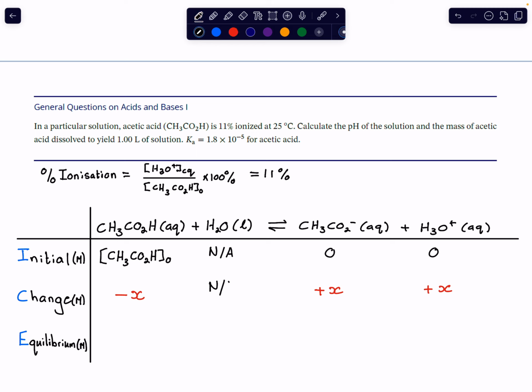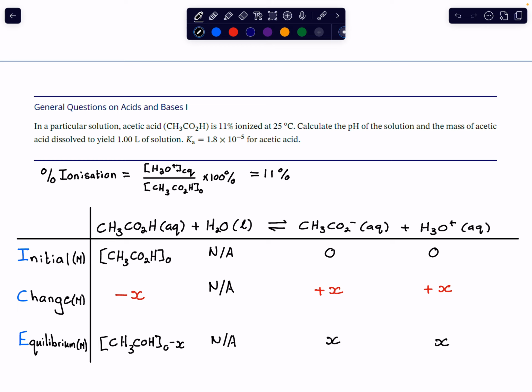And as always, the water concentration is not affected. So at equilibrium, we should expect to see whatever our initial concentration of acetic acid was, less X. Water is not applicable. And our product concentrations should be X.